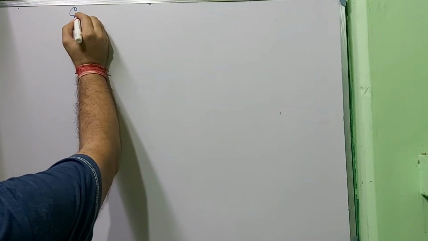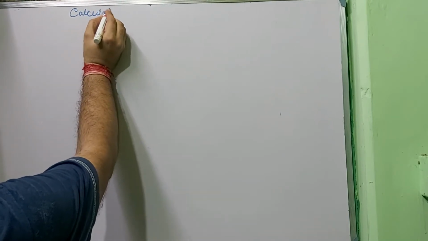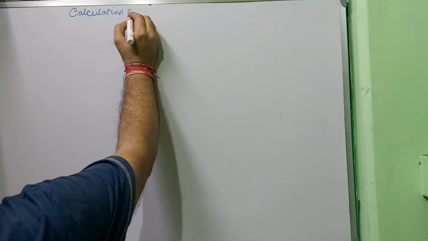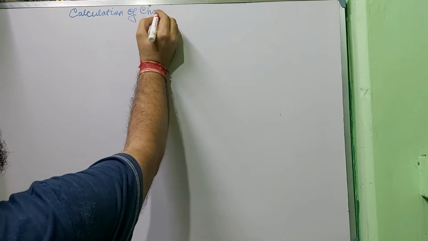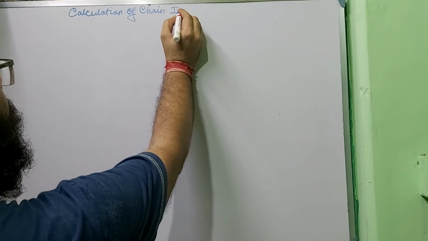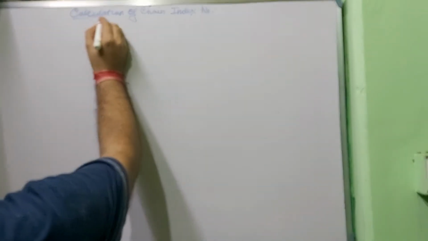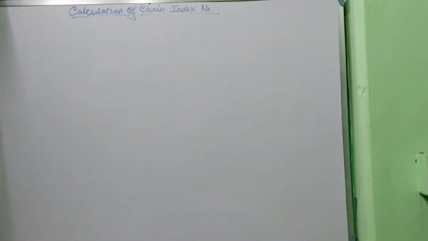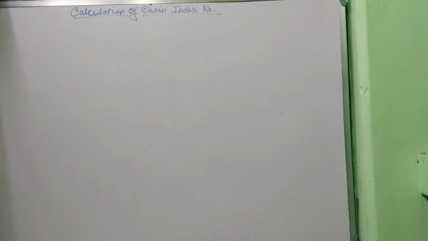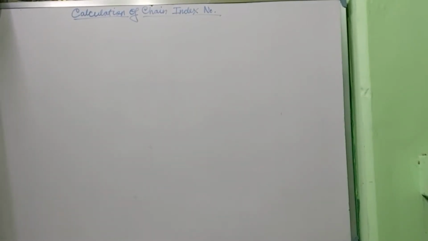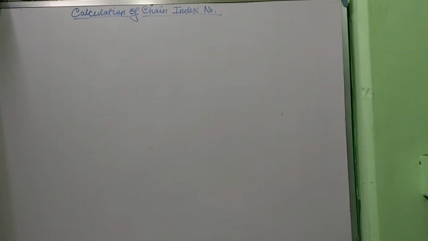So, calculation of chain index number, right? I hope it is visible. Yes?